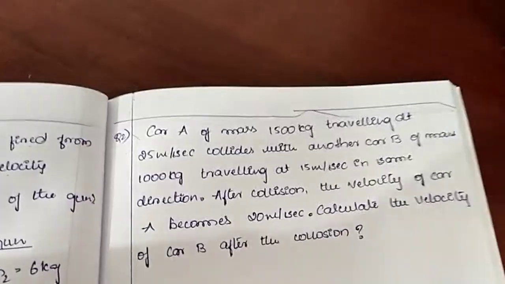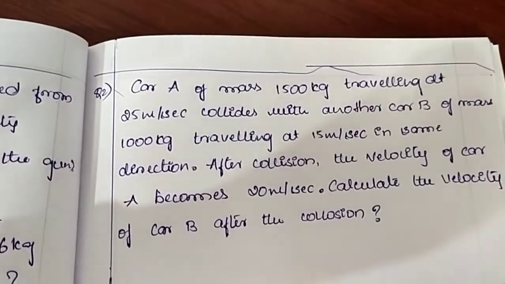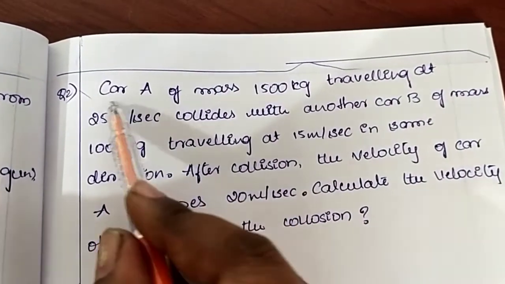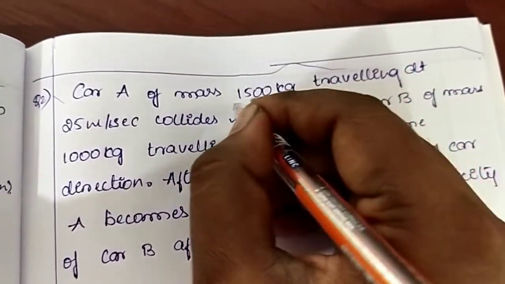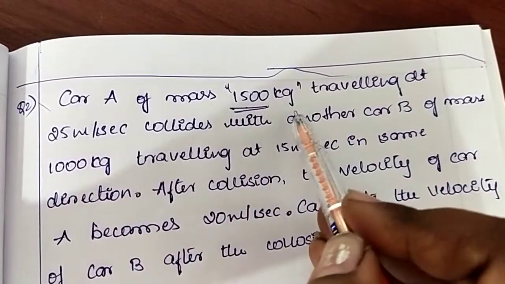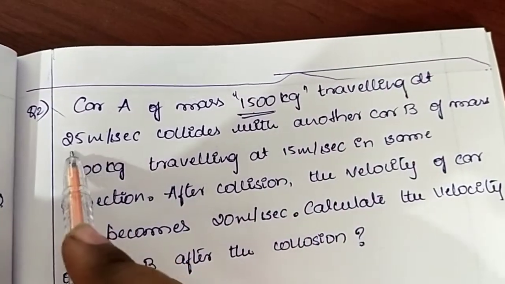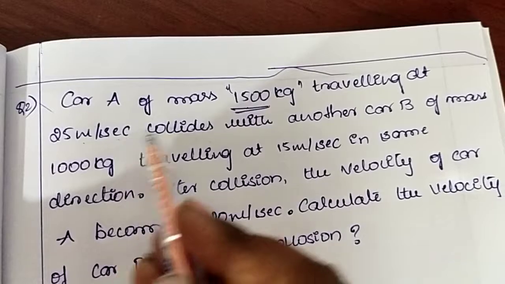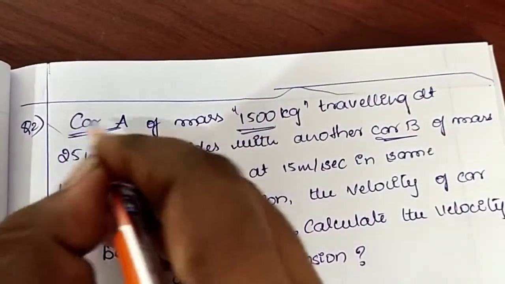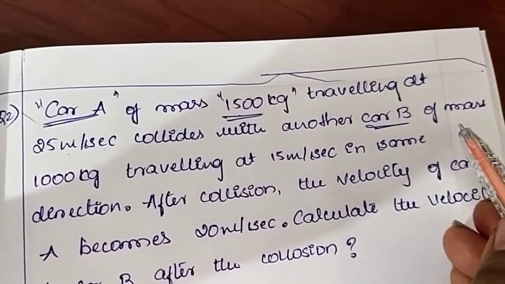So let us take one other numerical problem. Car A of mass 1500 kg, traveling at 25 meter per second, collides with another car. So we are taking car A and car B in this question.